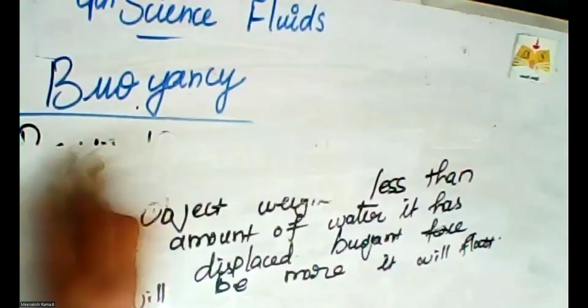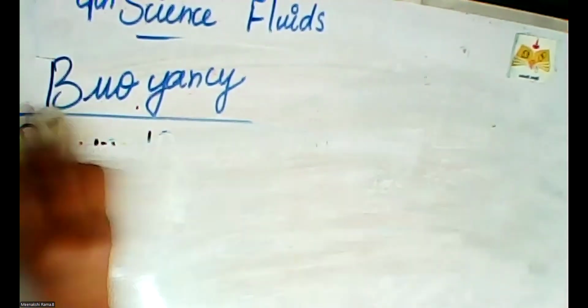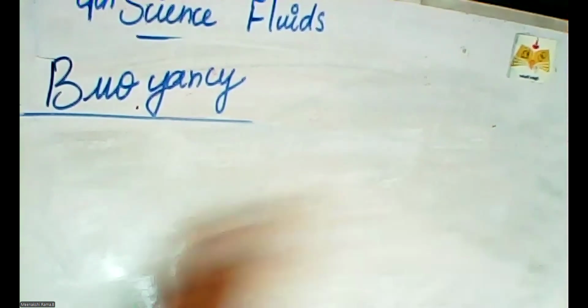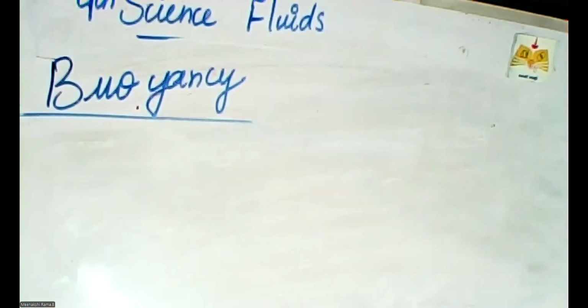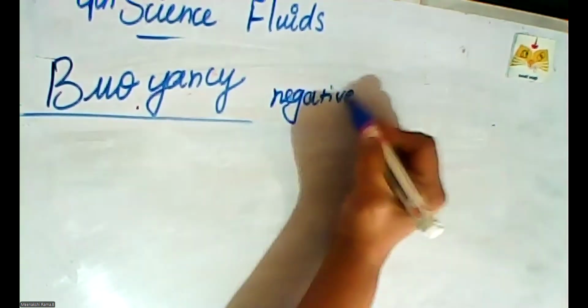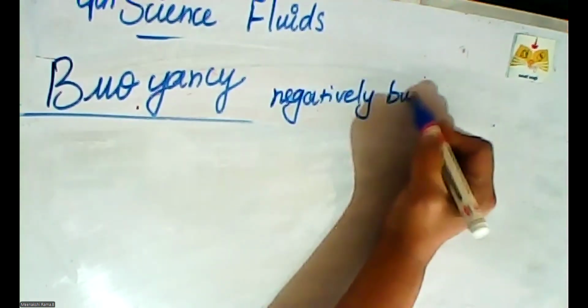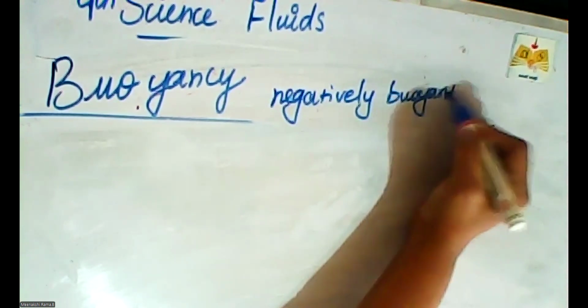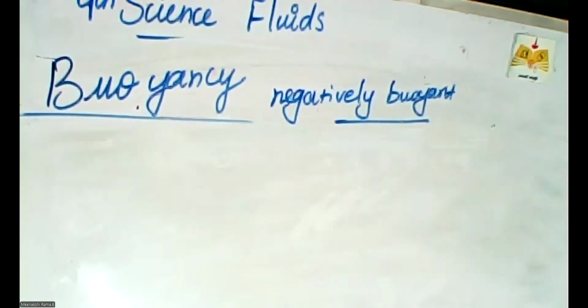So next is the negatively buoyant object. What is a negatively buoyant object?